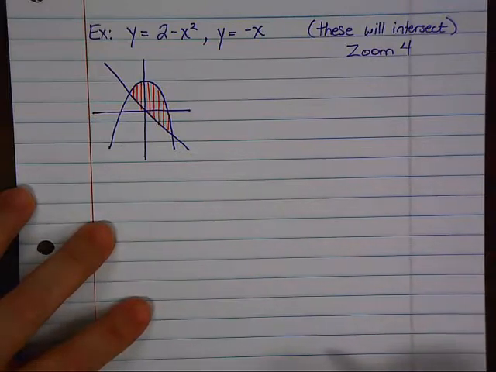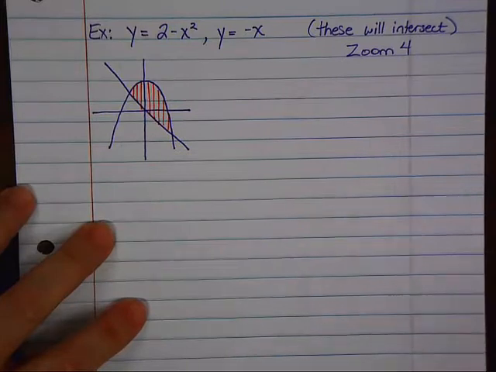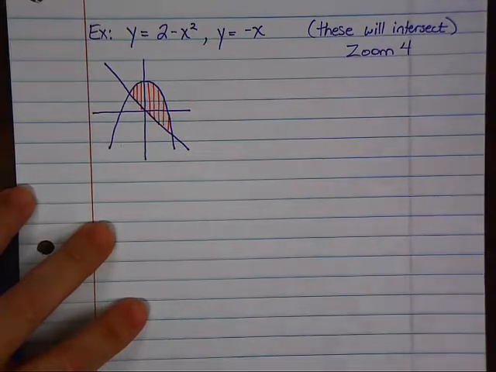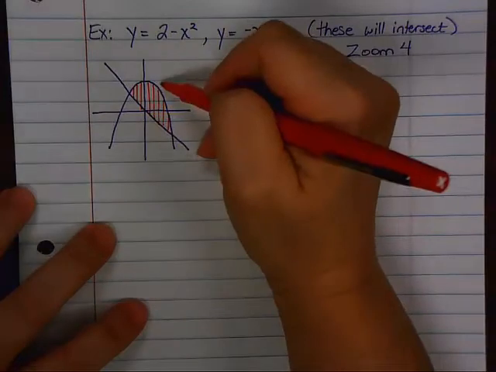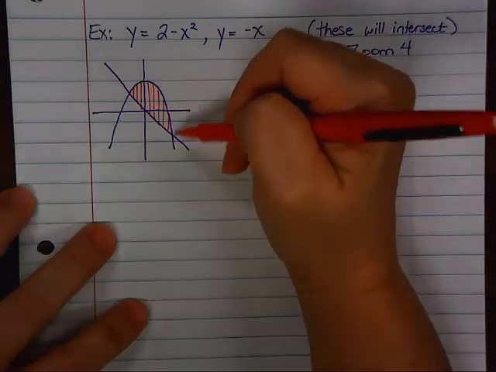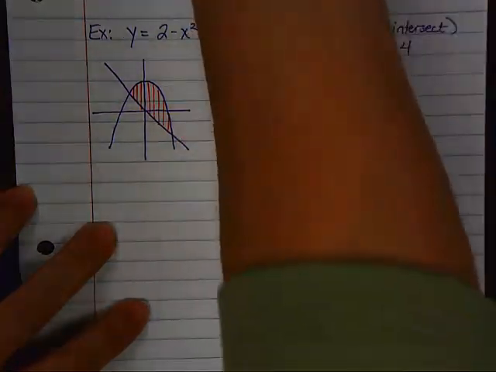The reason I draw the lines in is to double check that every time I draw a line, I am going from one curve to the other curve. Because eventually you may come across one where you're going from one curve back to itself. And that's a problem. I'll show you how to tackle that in tomorrow's lesson. But as I drew my lines, did I always go from one curve to the other curve every time? The answer is yes. So we're good to go.